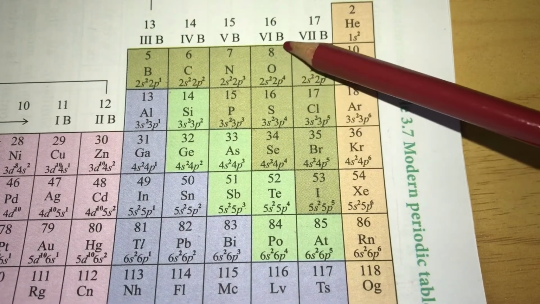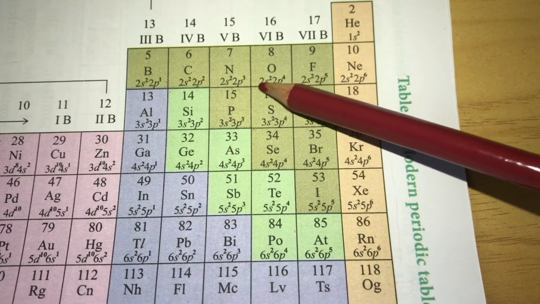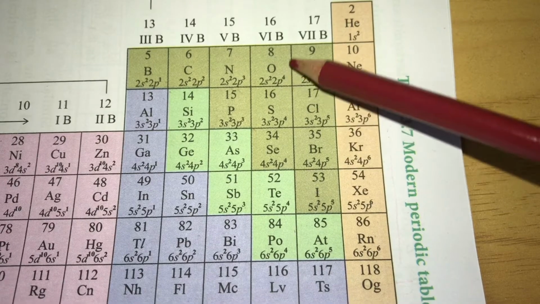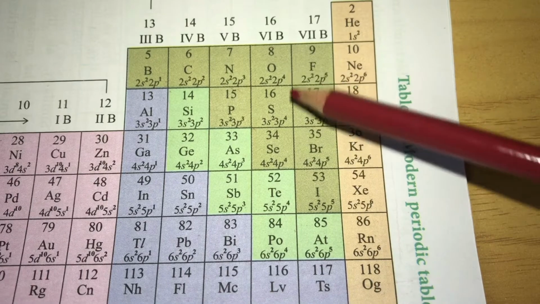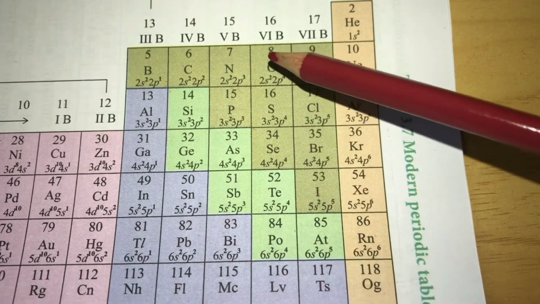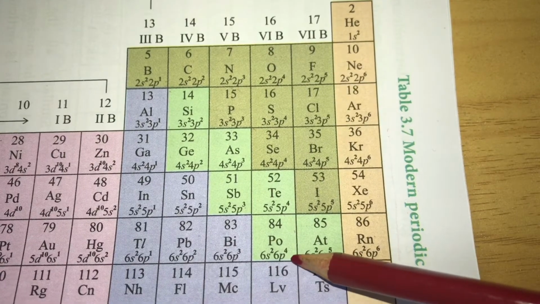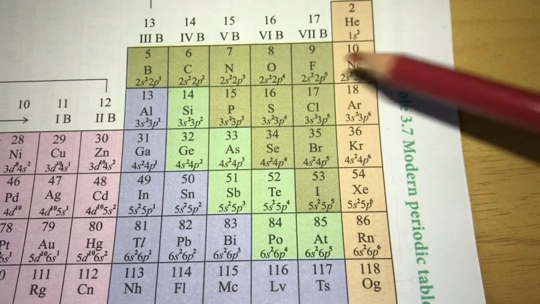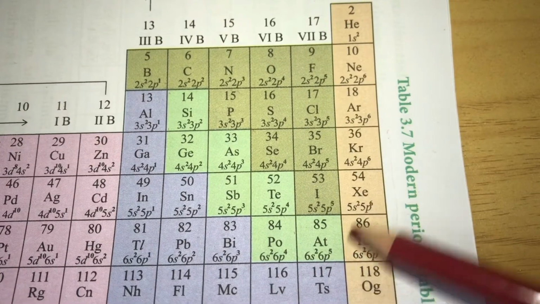Oxygen, atomic number 8, has the electronic configuration 1s2 2s2 2p4. Sulfur is 3s2 3p4, ending with tellurium and polonium at 6s2 6p4. All these elements contain 2 electrons in the s orbital and 4 electrons in the p orbital. So the general electronic configuration is ns2 np4. Next, the halogens: fluorine, chlorine, bromine, iodine, astatine.